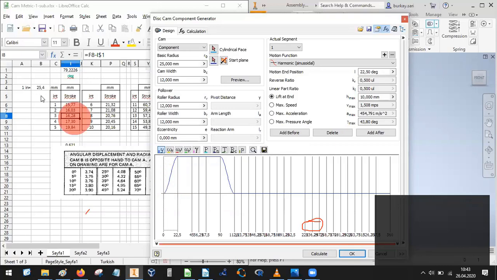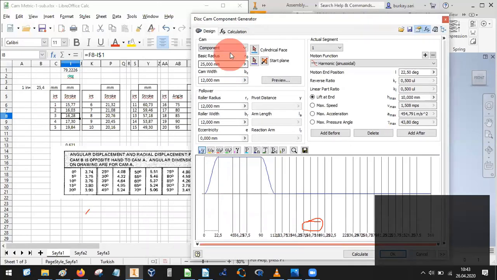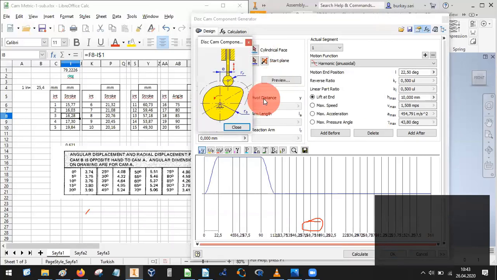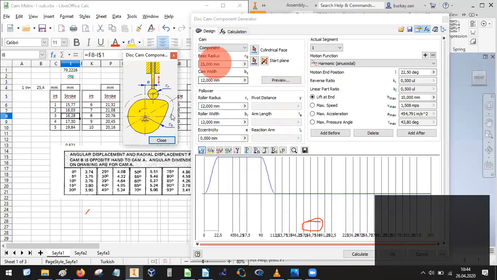The next thing, I will adjust the base radius. When you open this preview screen, as you see, we have a cam here, which is R0, okay? Which defines R0.